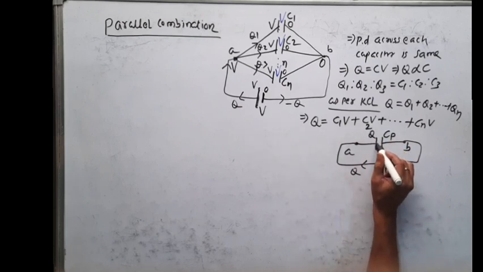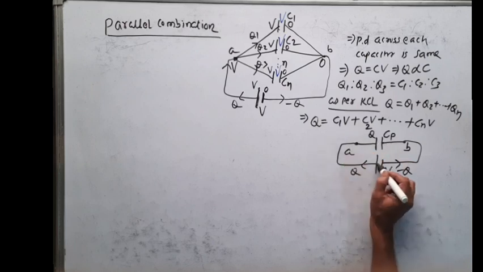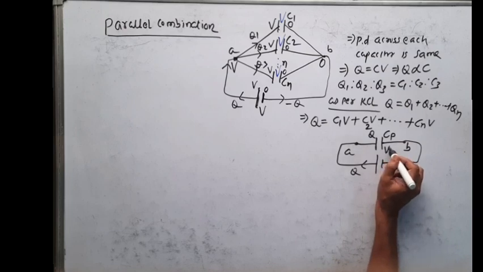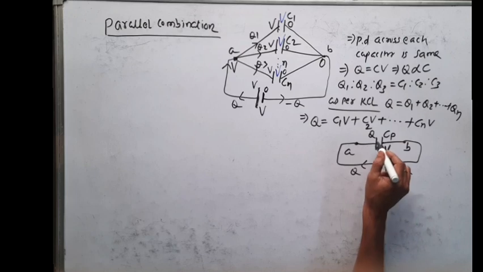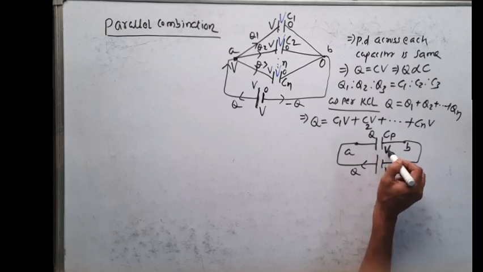And what is the voltage across this capacitor? It is directly connected to the positive terminal and directly connected to the negative terminal. So the potential difference across these two plates is equal to V. So what is the relation between Q, V and Cp?